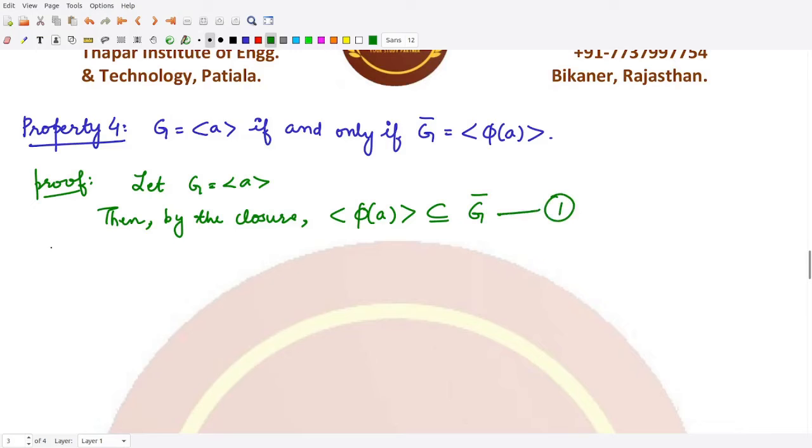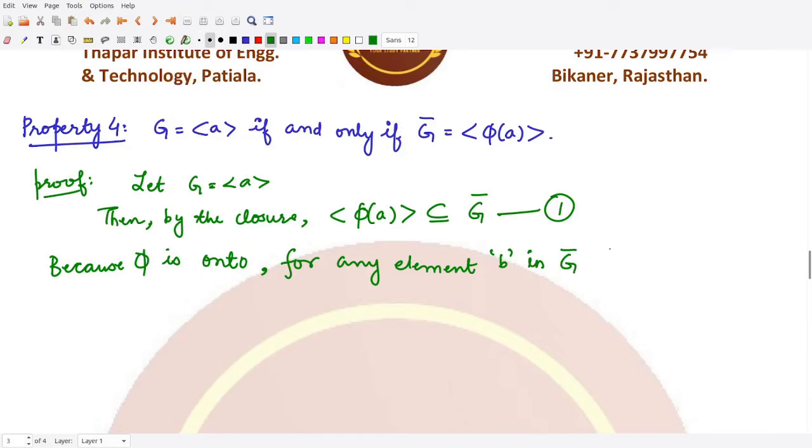Then, because phi is onto, since it is an isomorphism, for any element B in G bar there is some element A to the power k in G. Why A to the power k?